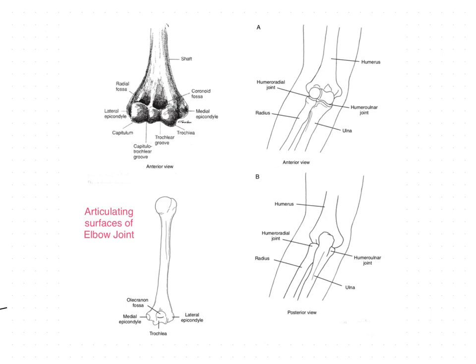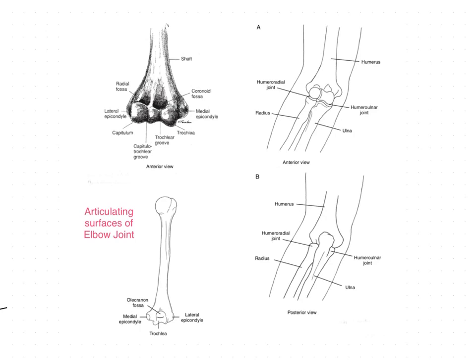Okay, now the first thing is, before going to understand the articulating surfaces, we are just going to revise the anatomical parts of those bones which are forming these humero-ulnar and humero-radial joints.